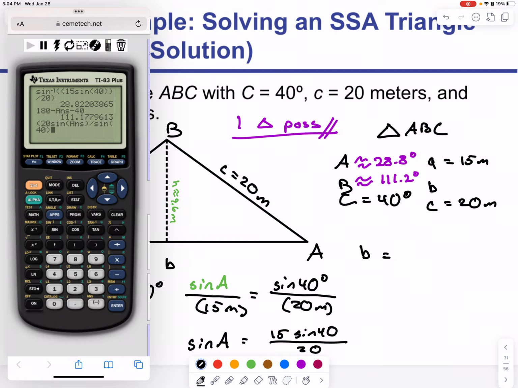I think that's good. We got a little bit of extra parentheses, but that's okay. For side B, 29 is reasonable. We got the largest side opposite the largest angle. So for side B, we got approximately 29 meters.